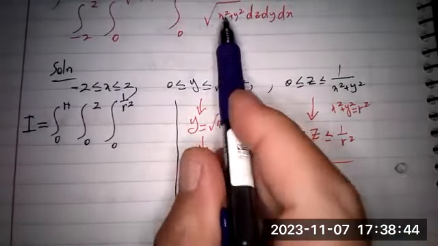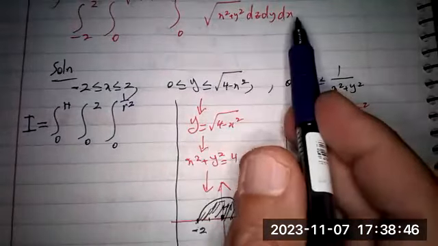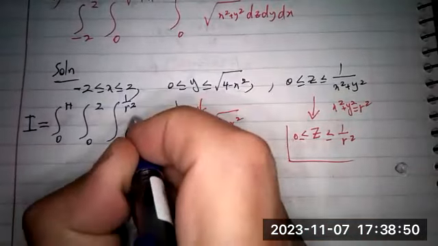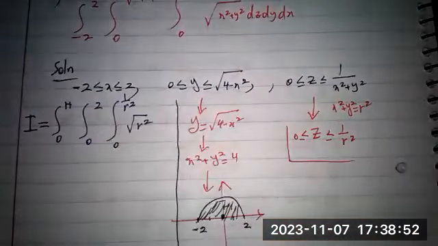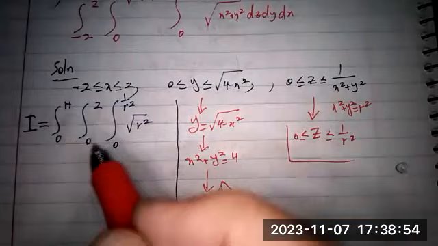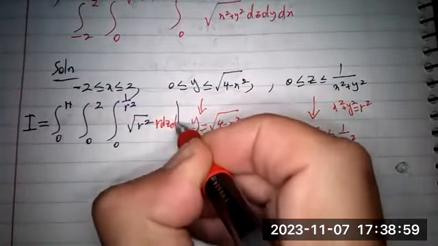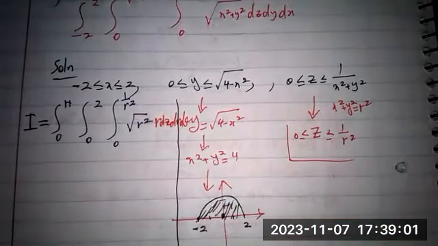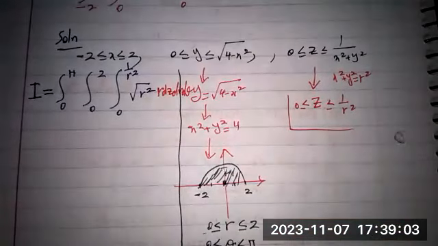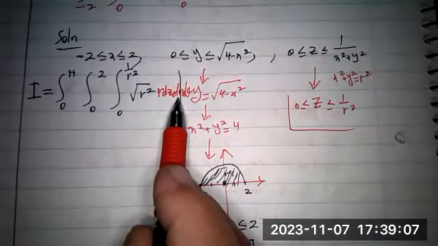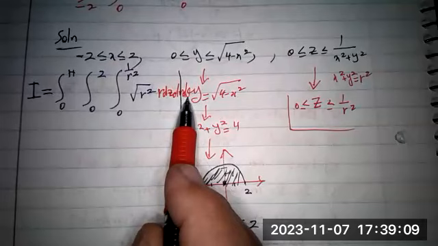The function is radical x squared plus y squared. You have to change it. You know that x squared plus y squared is r squared, so it's going to be radical r squared. Then remember r dz dr d theta. For the cylindrical coordinates, there is an r here, dz dr d theta.